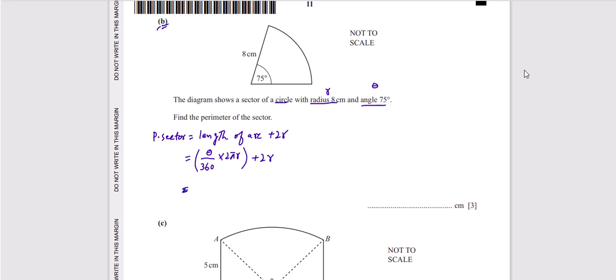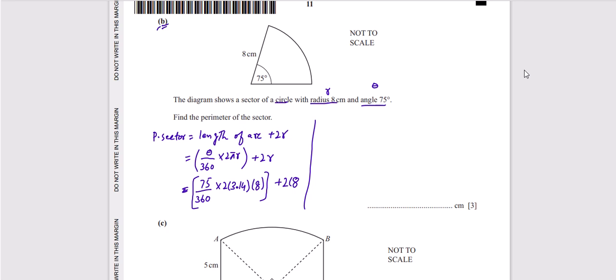What is the value of theta? Theta is equal to 75, divided by 360, multiplied by 2. What is the value of pi? Pi is equal to 3.14 and r is 8. Plus 2 into r, where r is 8.